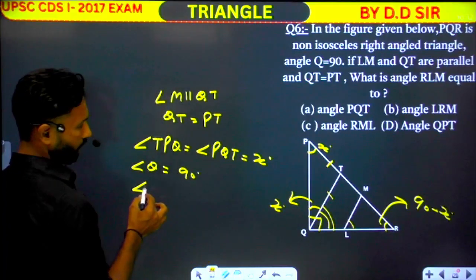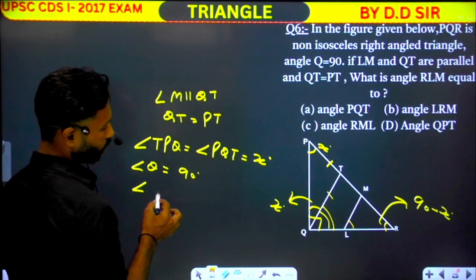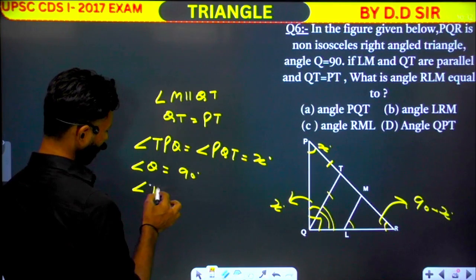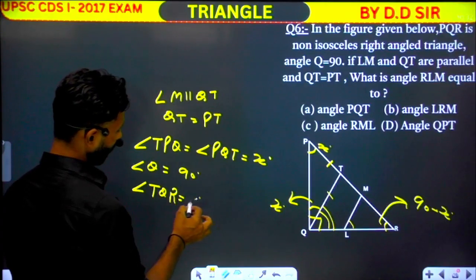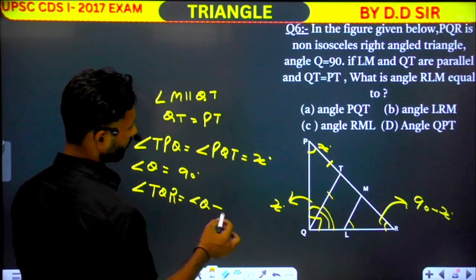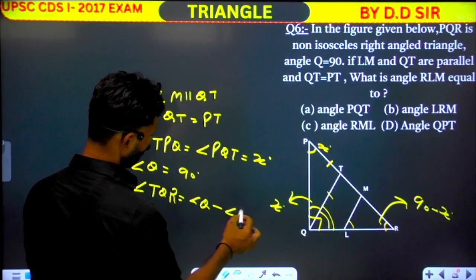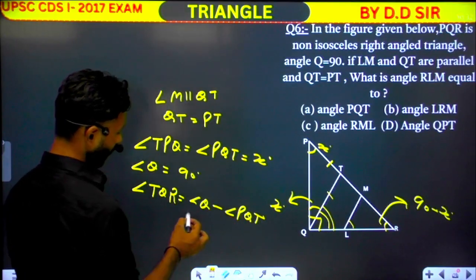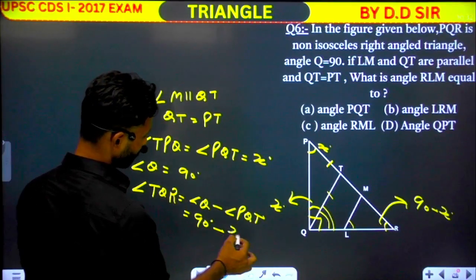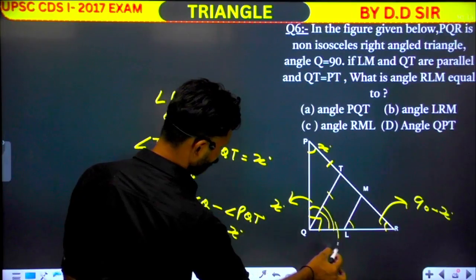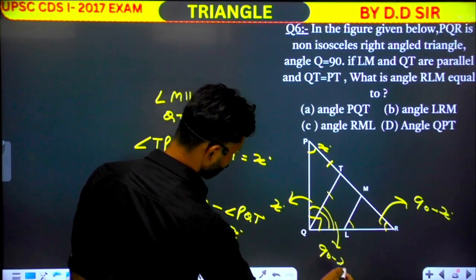Angle LQT or TQR will be equal to angle Q minus angle PQT. Angle Q is equal to 90 and angle PQT is equal to x degrees. So I can say that this will be equal to 90 minus x.